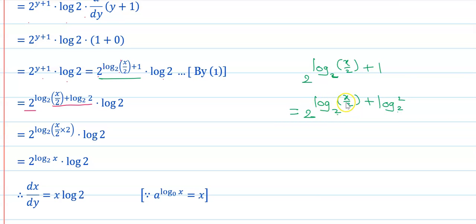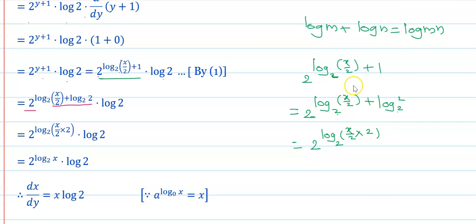Now here, log of m plus log of n means addition. Then you will get log of x upon 2 into 2 to the base 2, by using the rules of log, that is, log of m plus log of n is equal to log of m into n. Similarly here, log of x by 2 into 2 to the base 2.